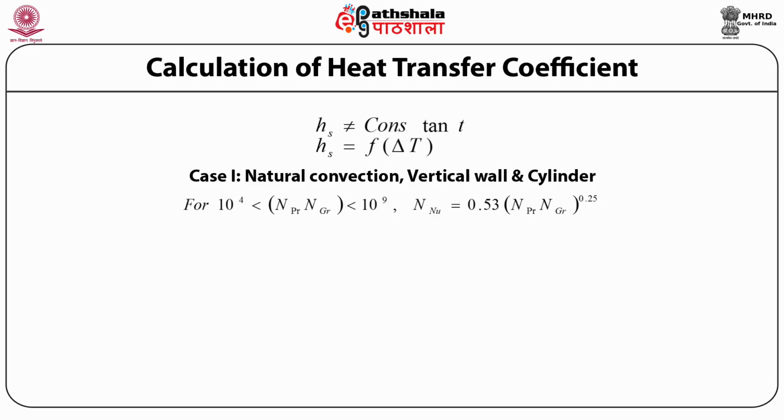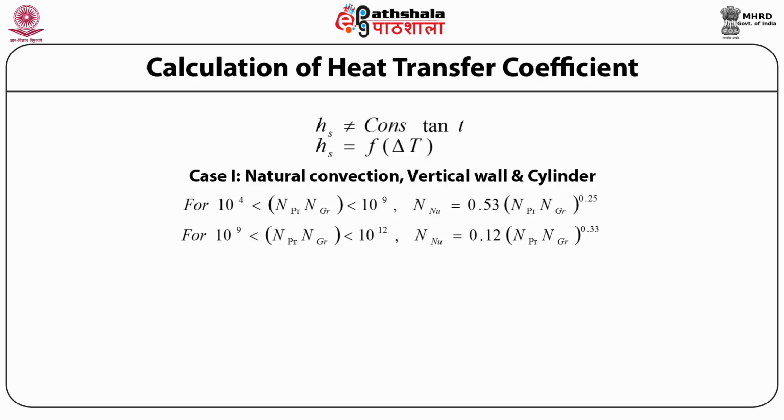If the product of Prandtl and Grashof number is between 10 to the 9 and 10 to the 12, the Nusselt number will be equal to 0.12 into (Pr Gr) to the power 0.33.